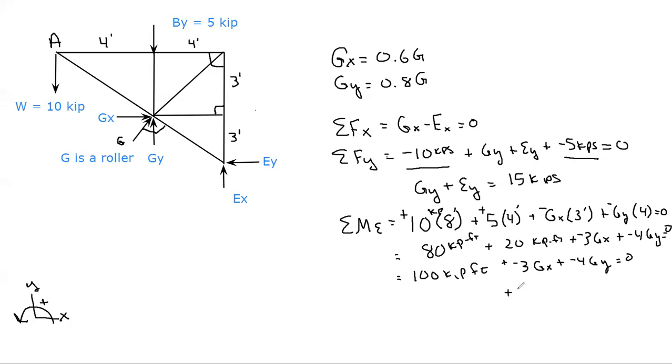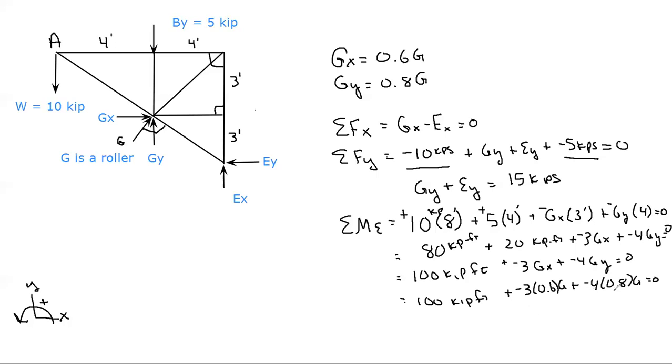So this becomes negative 3 times 0.6G plus negative 4 times 0.8G. Negative 3 times 0.6 is negative 1.8.